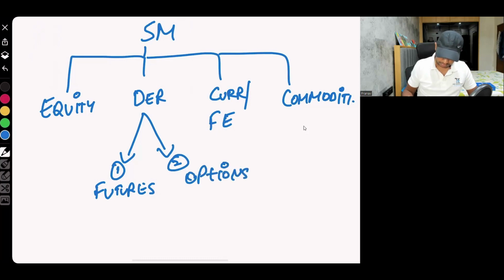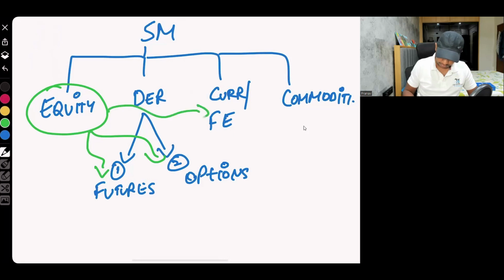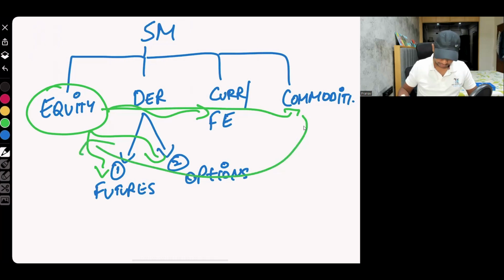So whenever we start the journey as a trader, most people start their journey at equity. And once they get into equity, they're bored of it or they don't make much money over there. So that is when they get into either futures or options, or some people also get into currencies, or they also get into commodities. And then they work their way back down to equity.